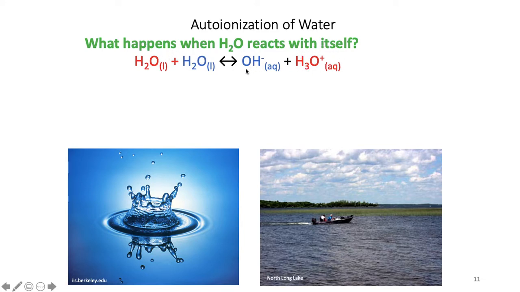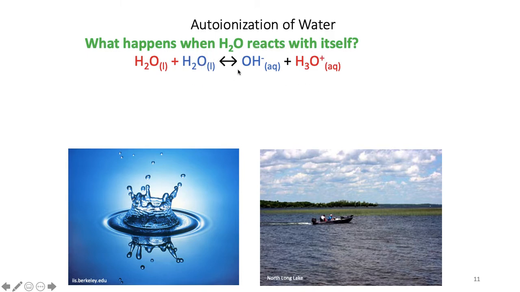As you can see, I formed both OH minus and H3O plus ions in solution when water auto-ionizes. The water here is acting both as an acid and as the base. One molecule is donating, which is the acid, and the other molecule is accepting the proton, which is acting as the base.